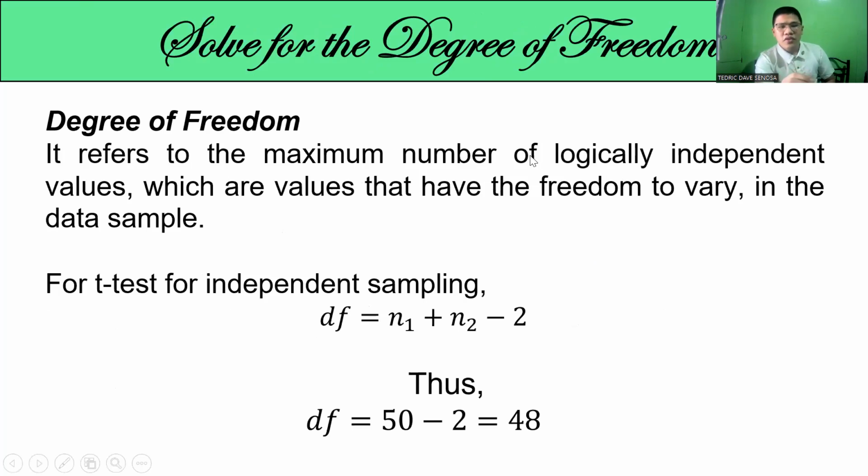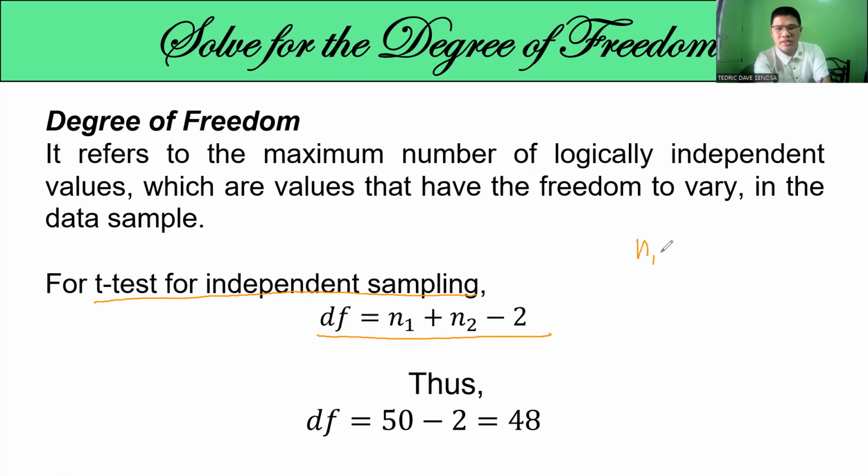The next step is to solve for the degree of freedom. The degree of freedom is the maximum number of logically independent values in a data sample. There is a formula for the t-test for independent sampling, and the formula is exclusive to it.